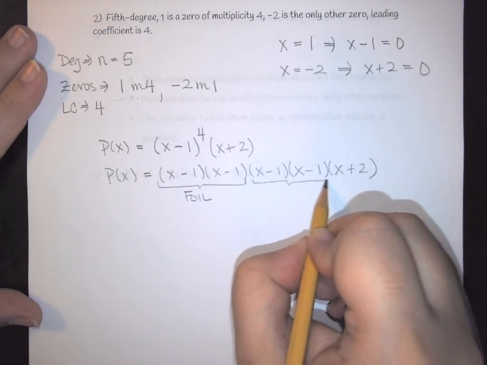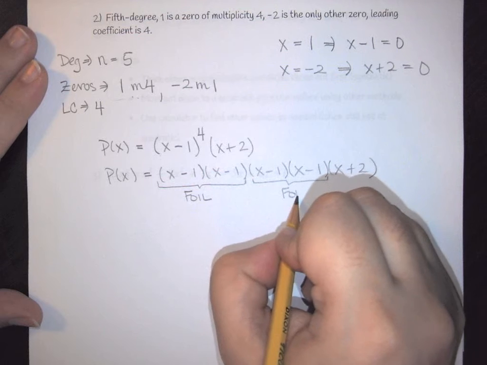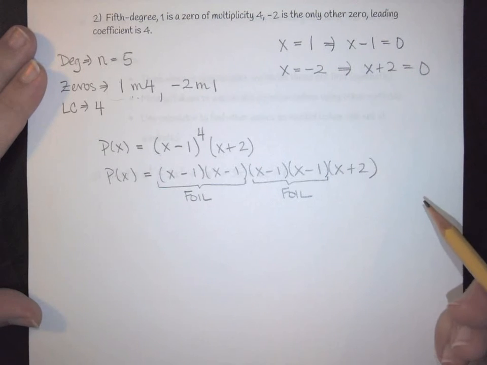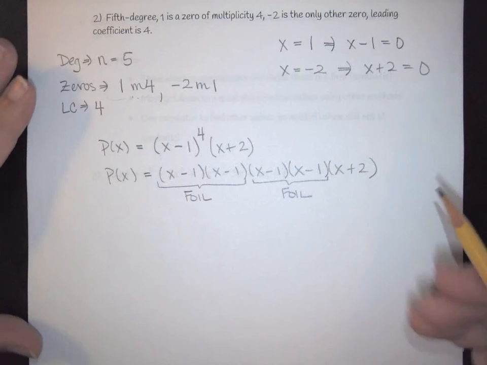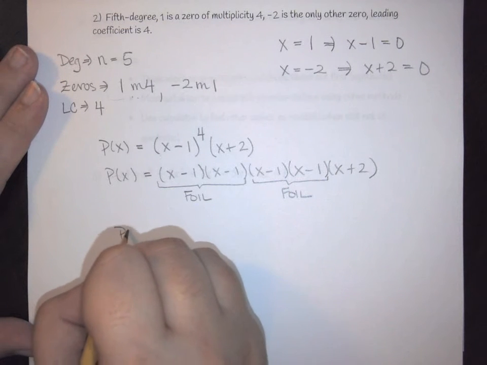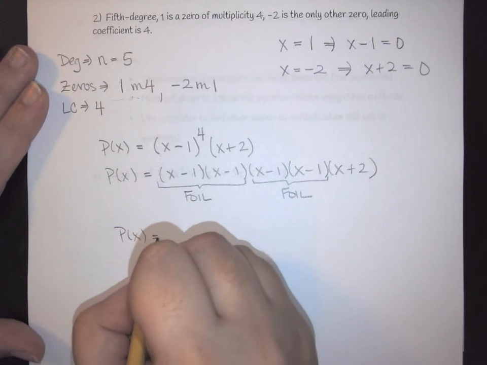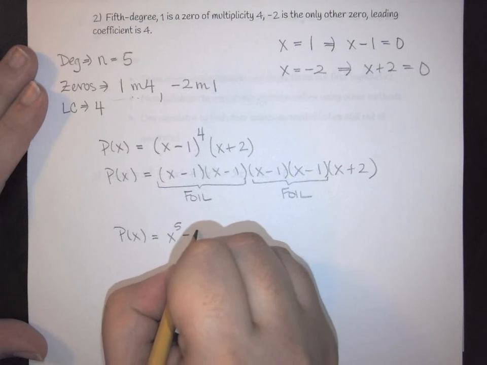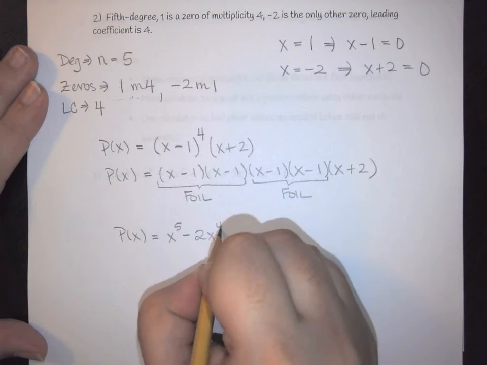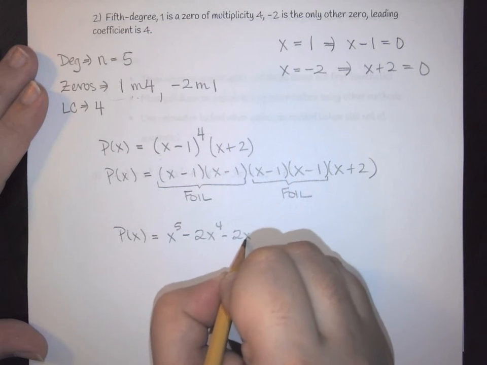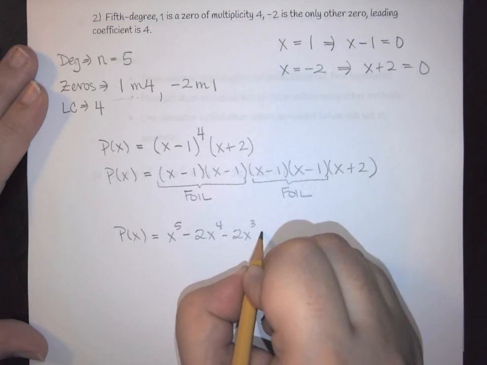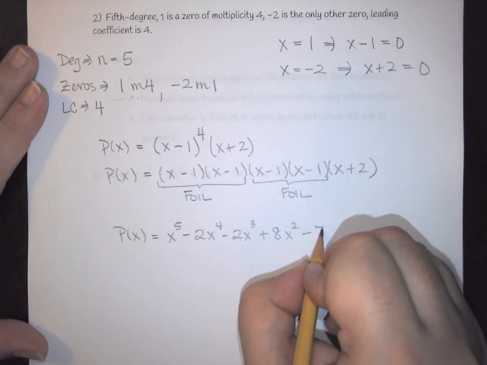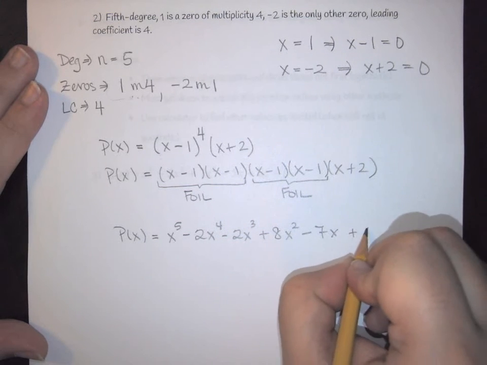Then I would multiply these together through FOIL. Then I would multiply them together, and then I would pull in that x plus 2. Okay. Once you do that, you should end up with x to the 5th minus 2x to the 4th minus 2x cubed plus 8x squared minus 7x plus 2.